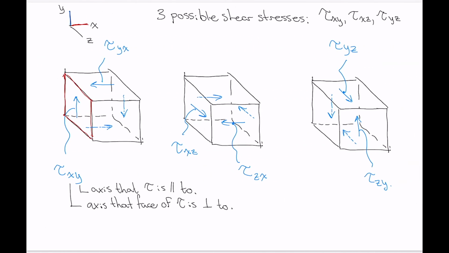Now for shear stresses, the rule about which shear stresses you can combine is as follows. You can combine shear stresses when they act on the same face and they are parallel to one another.